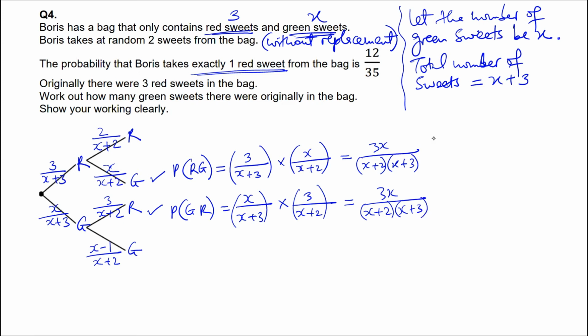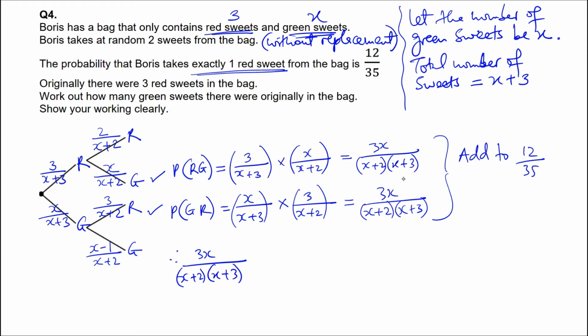But we know that all this adds to 12 over 35. So these two probabilities add to 12 over 35. So basically we can say 3x over x plus 2 multiplied by x plus 3.